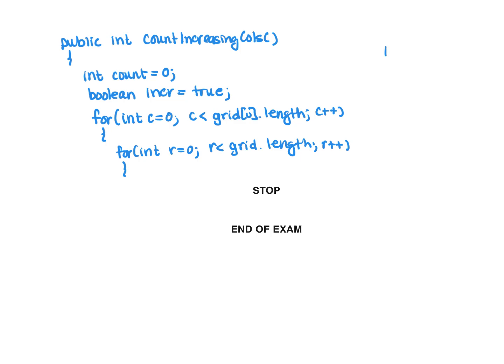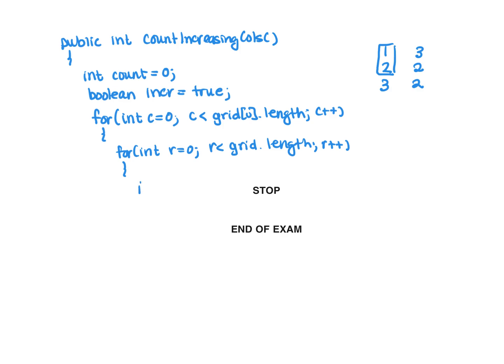So if we imagine 1, 2, 3, that would be a completely increasing row. But if I have 3, 2, 2, that is not an increasing row. So we need to compare any two elements in the column.